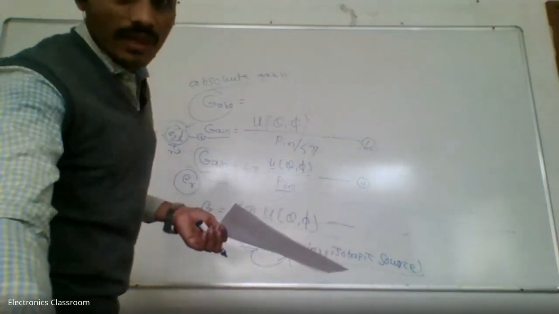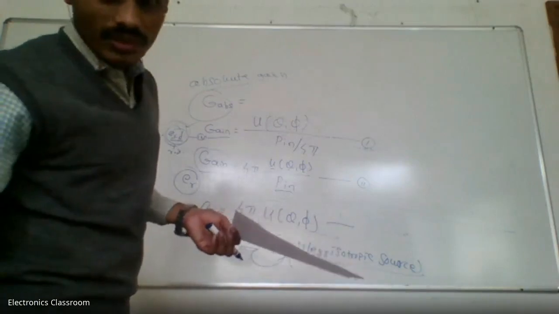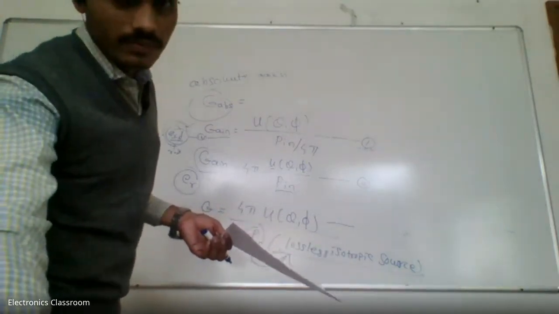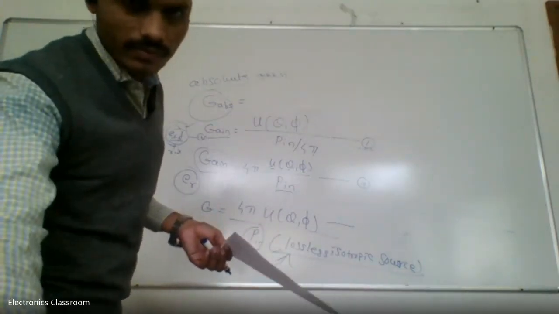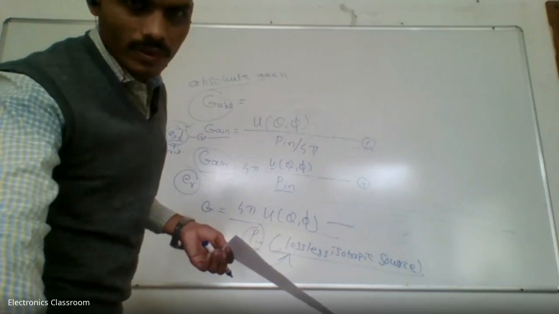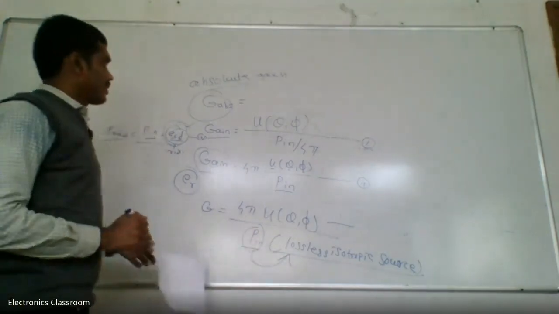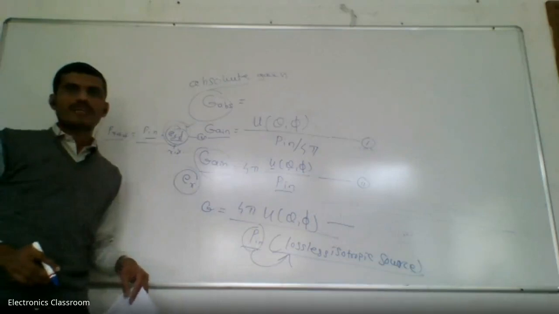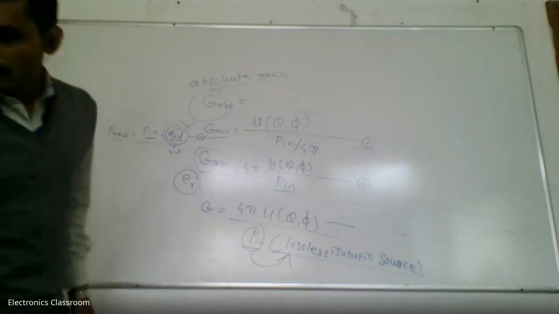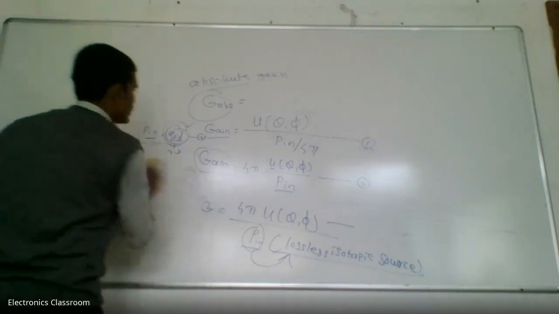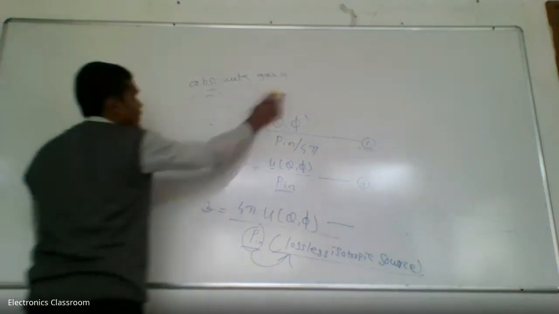This can be rewritten. Now, this absolute gain can be rewritten using simple G.